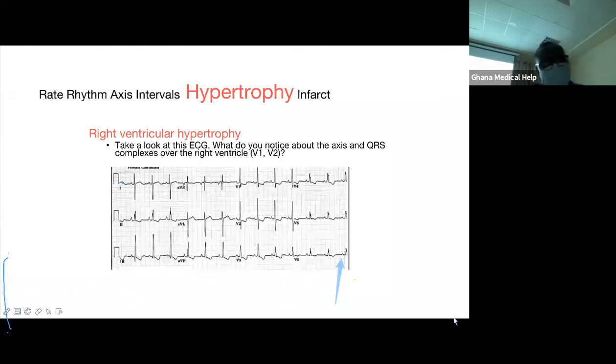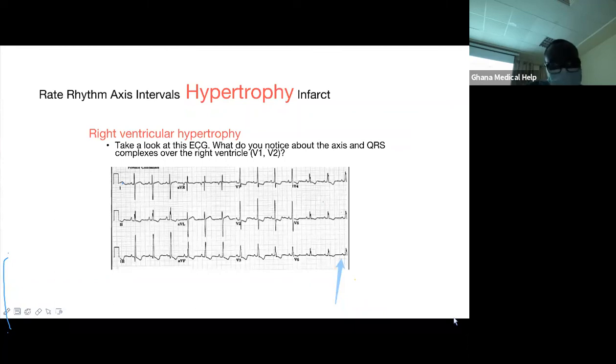So progressively, usually we say that the R wave should start from a smaller amplitude and progressively get bigger as we get to the apex. That is the left ventricle, because the left ventricle has a bigger mass, and so this R wave will obviously be bigger. But if you look critically at V1, as the doctor said, you realize that the R wave is greater than the S wave.